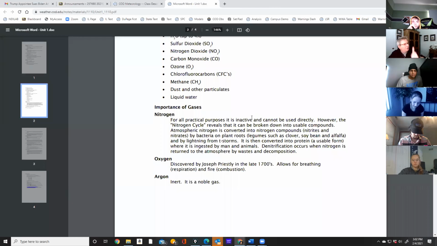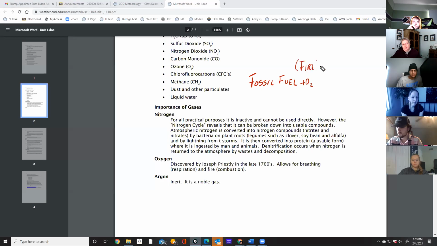So oxygen, respiration, and combustion. Those are the 2 things that are super important. And by the way, when you burn a fossil fuel, you're adding oxygen to it in fire or combustion of some sort.